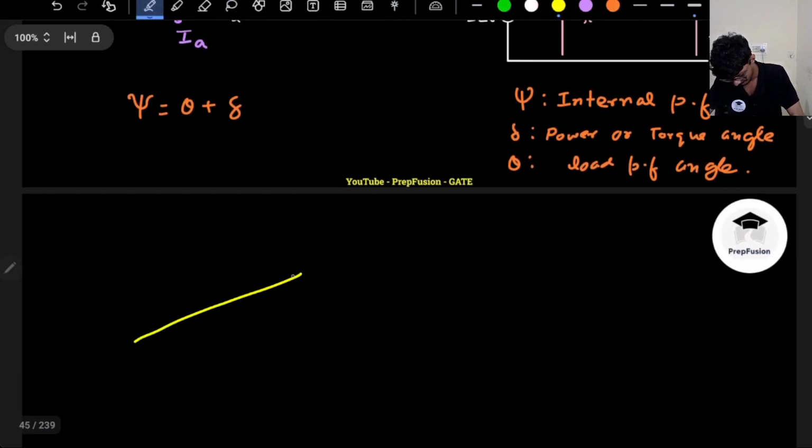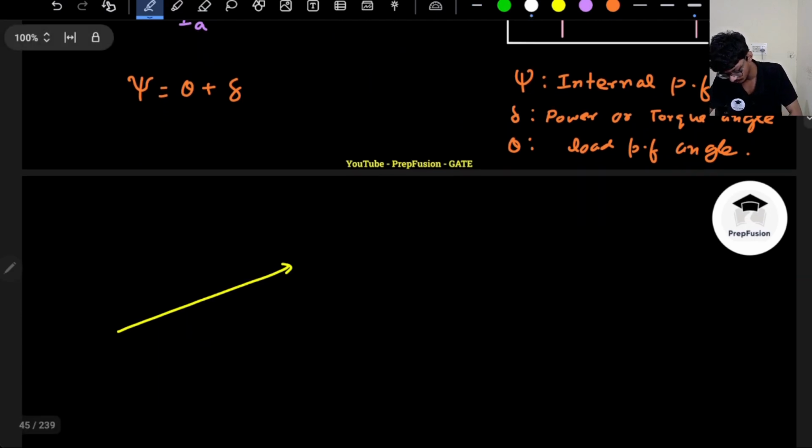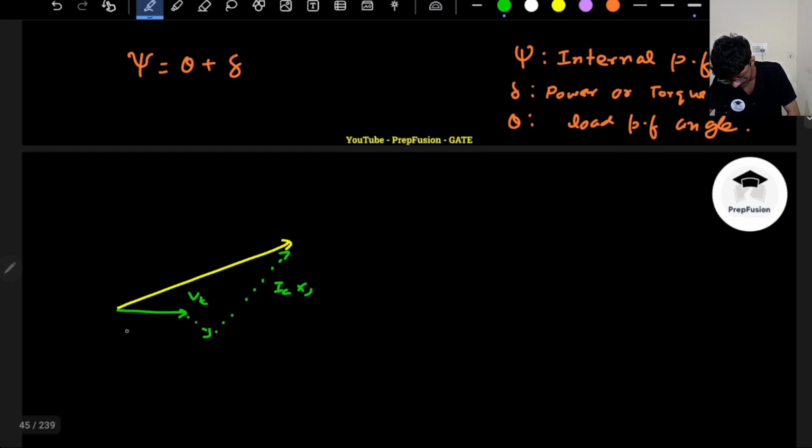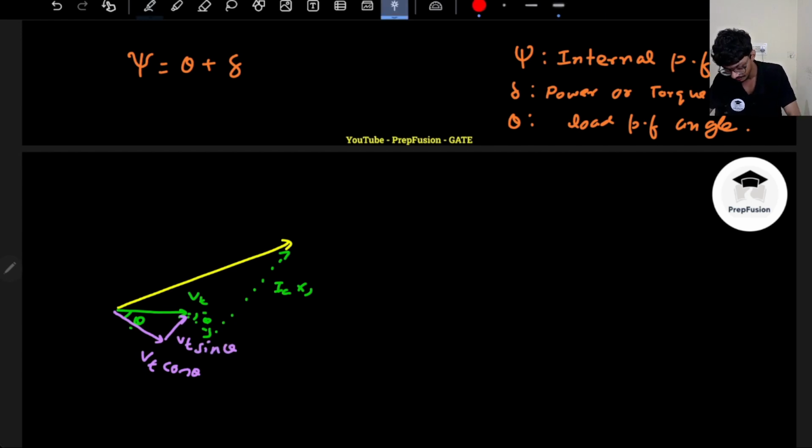This is my E. E is a combination of Vt, Ia Ra, and Ia j Xs. Vt can have two components. If this is theta, this also will be theta, the angle between Vt and Ia. So I can break Vt into two components: one is Vt cos theta, and the other, the 90-degree component, is Vt sin theta. So it is like a triangle.